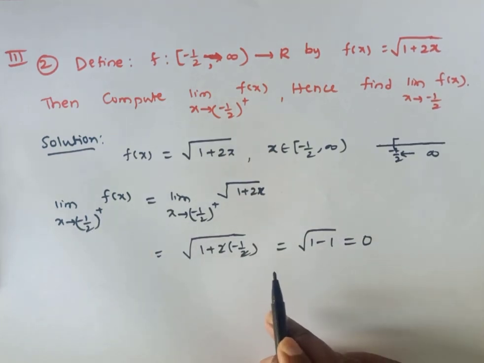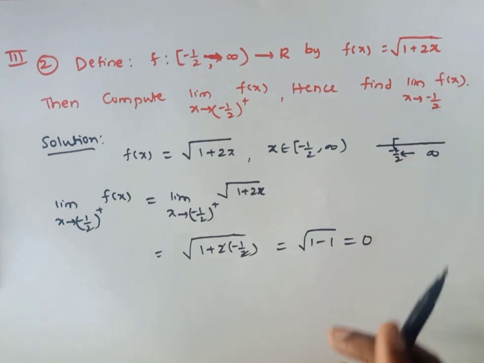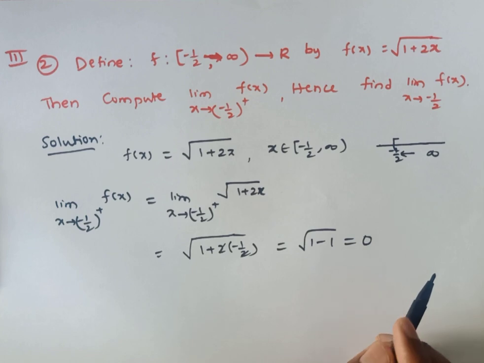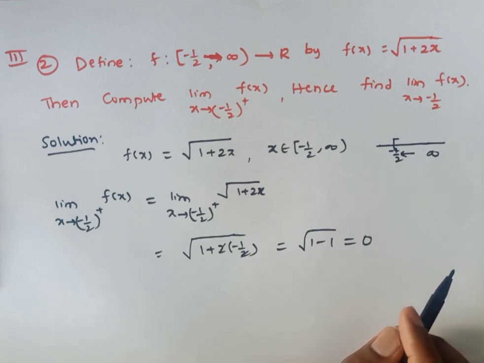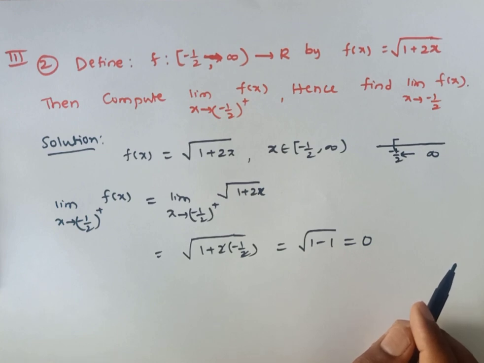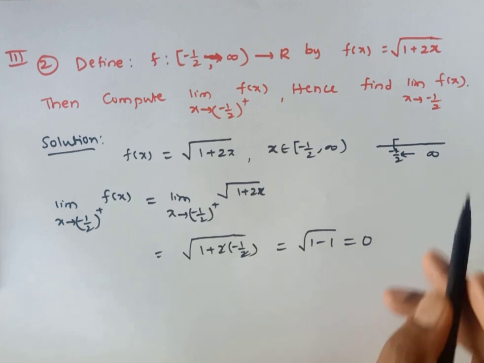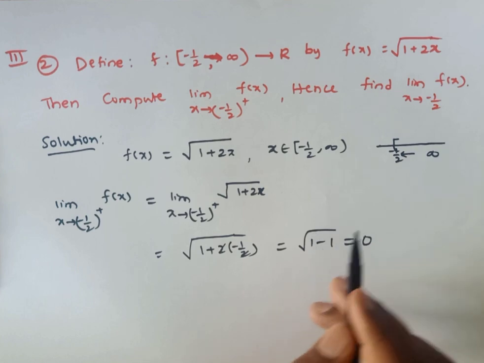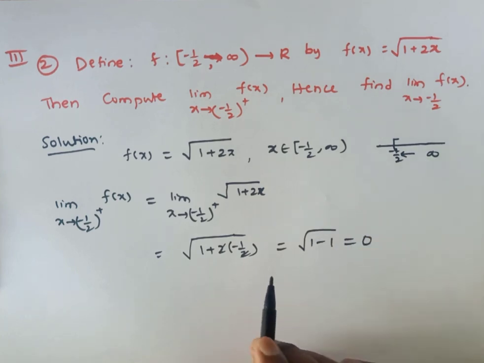So by using this, you need to find the limit at x tends to minus 1 by 2. In the previous problem, we checked the left hand and right hand limits for an interior point, but here minus 1 by 2 is not an interior point of the given interval. Minus 1 by 2 is the left end point of the given interval.